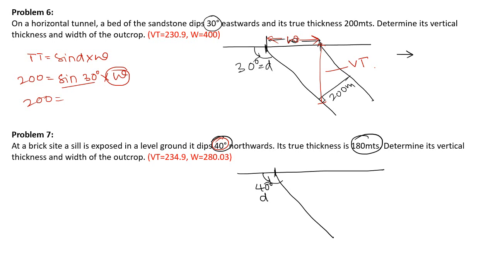Then I know TT is 180 meters, so I'll extend it here. Parallel to this line I'll draw one more line, and this distance will give you the width, while this distance will give me VT as well.